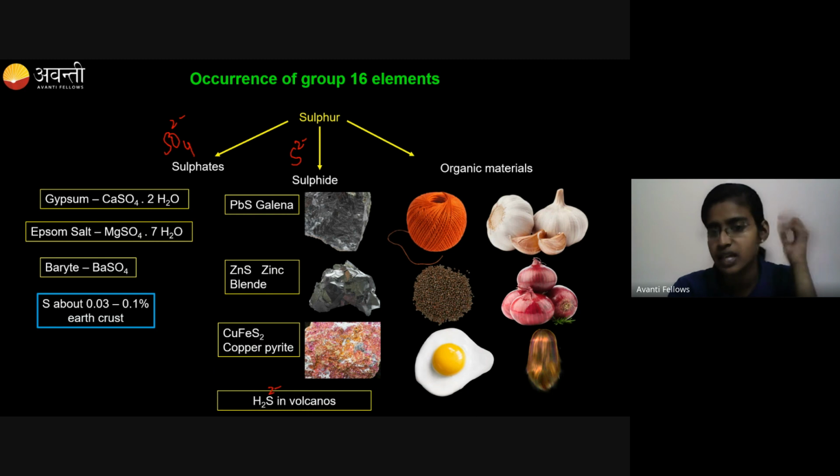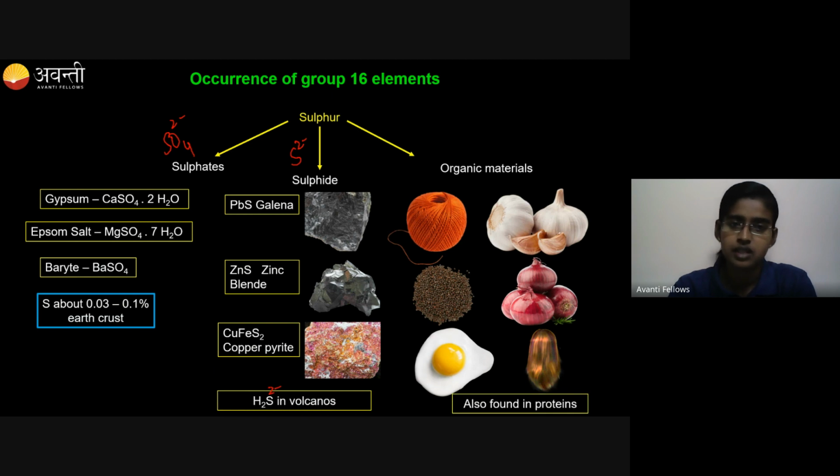Sulfide linkage is there in hair also. It is also found in proteins. So sulfur is present in the form of sulfate, sulfide, and in organic materials. So oxygen occurrence and sulfur occurrence got over.